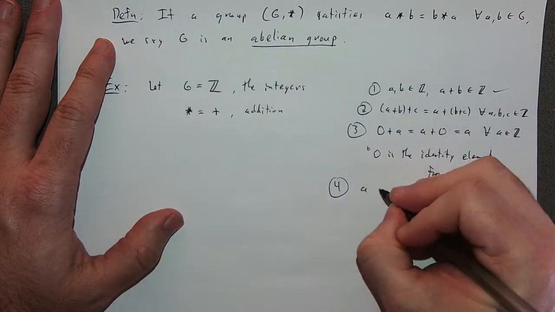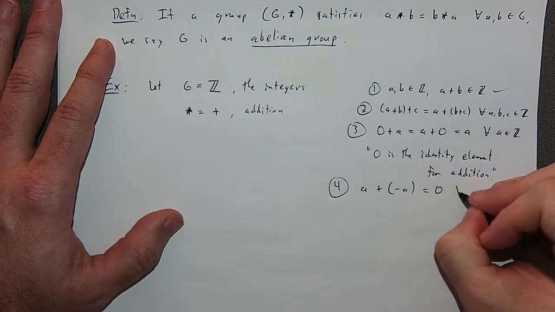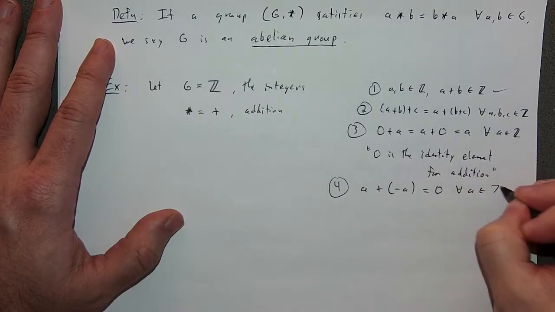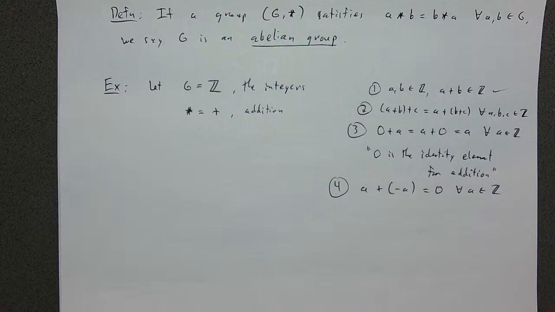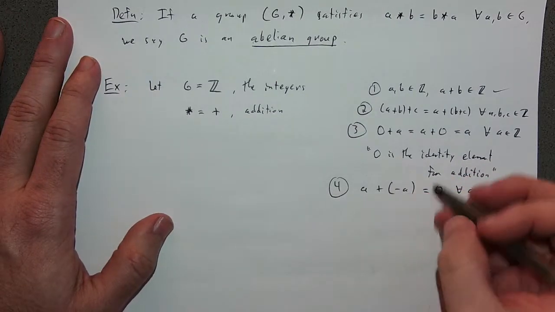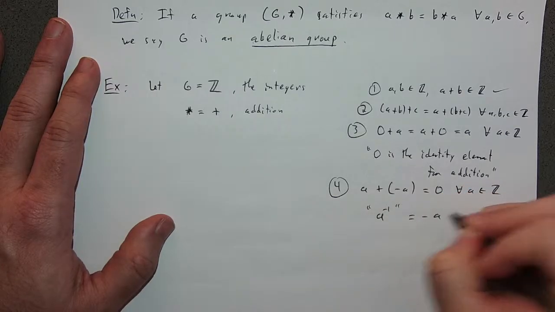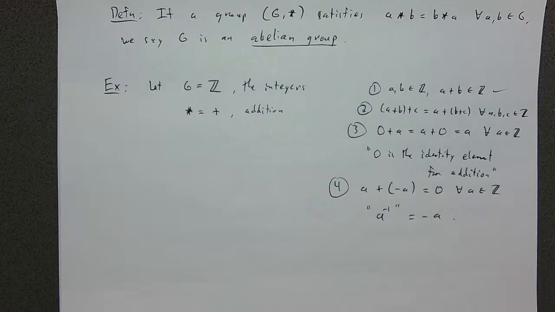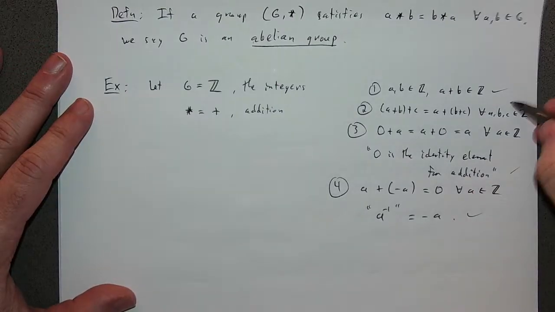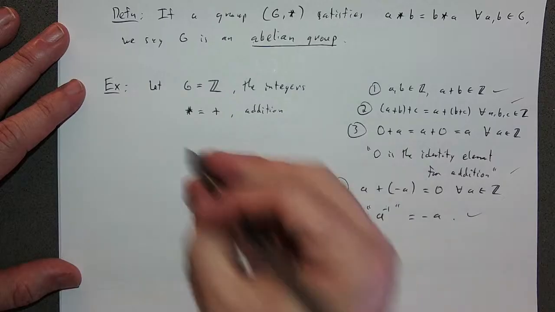Well, any integer plus its negative is 0 for all integers, right? So yes, each a has an inverse. So a inverse in this instance is minus a, right? The inverse element is just the negative of that thing. Okay, so all of these are satisfied, and this is a group. Actually, this is even an abelian group.